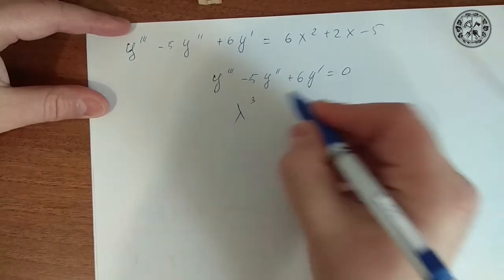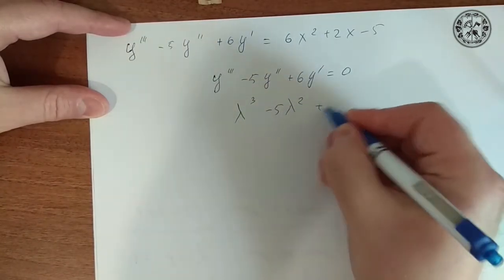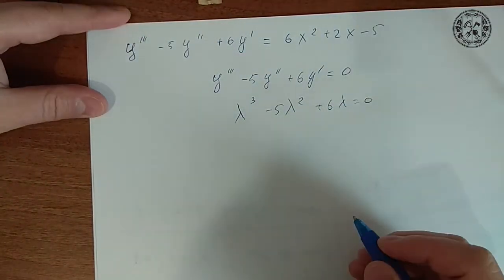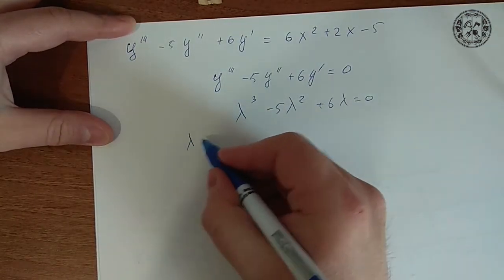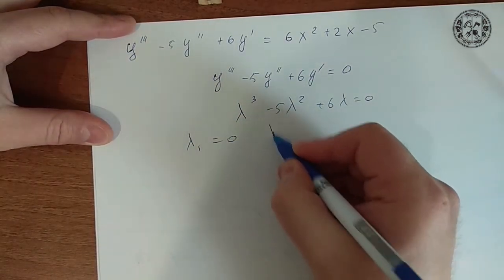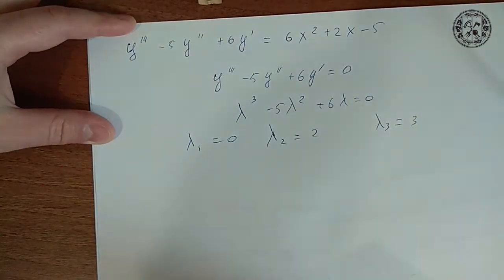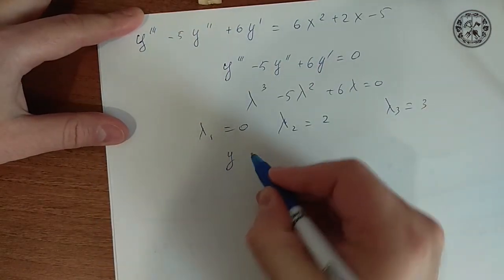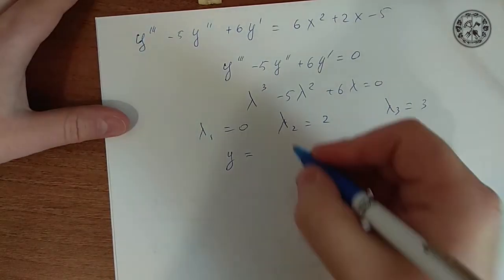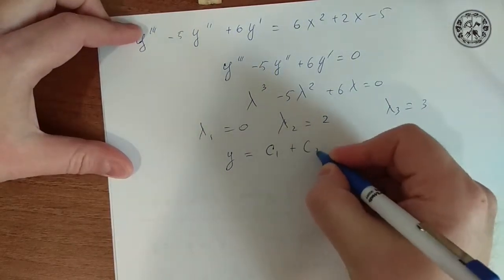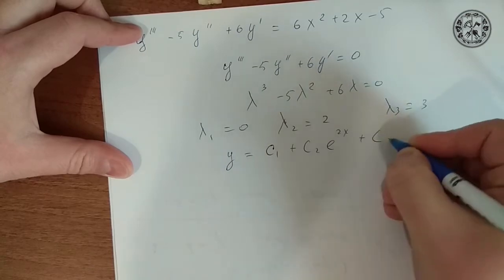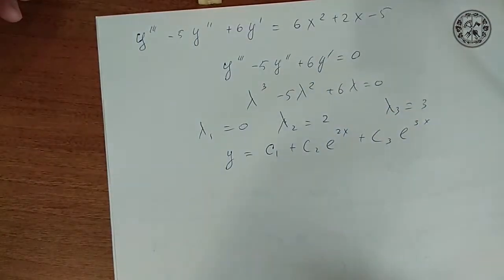Then lambda cube minus 5 lambda squared plus 6 lambda will be 0. Then we'll have lambda 1 is 0, lambda 2 is 2, and lambda 3 will be 3. Then the solution of the homogeneous equation will be c1 plus c2 e power 2x plus c3 e power 3x.